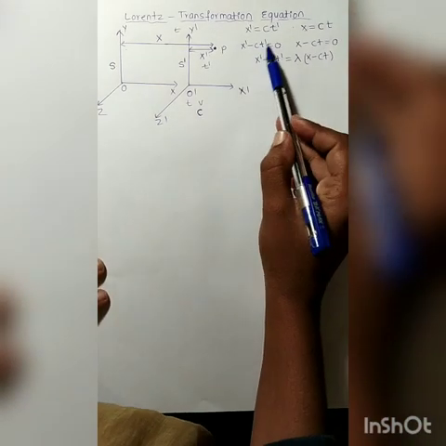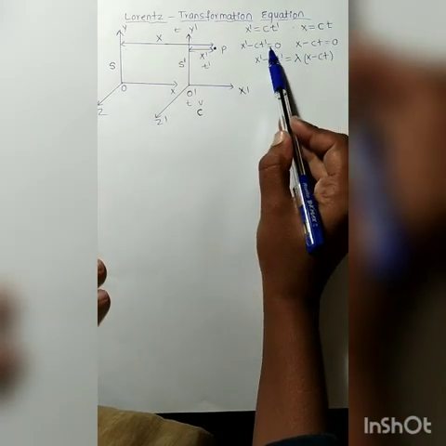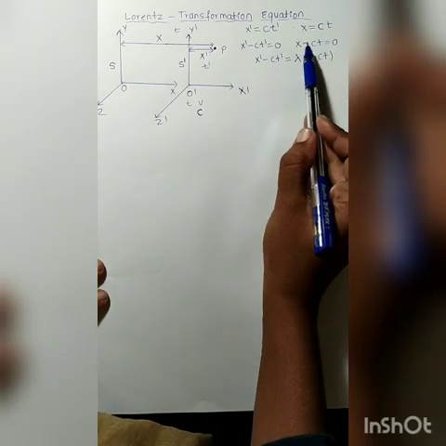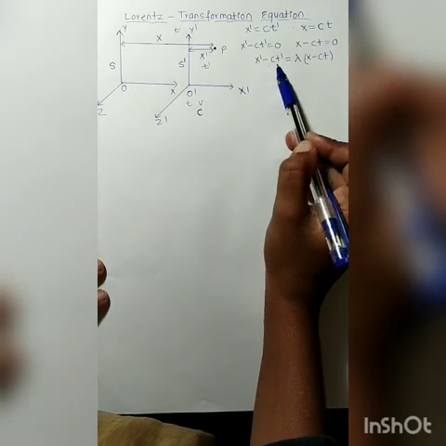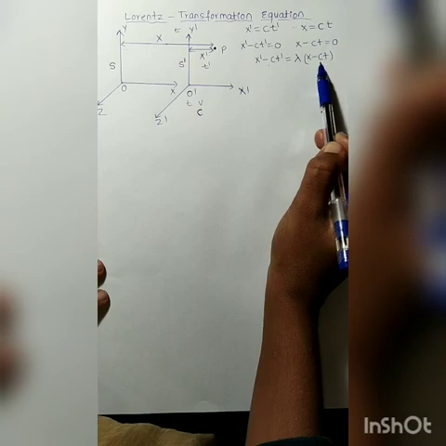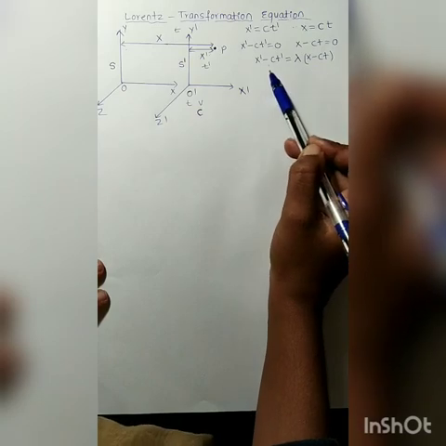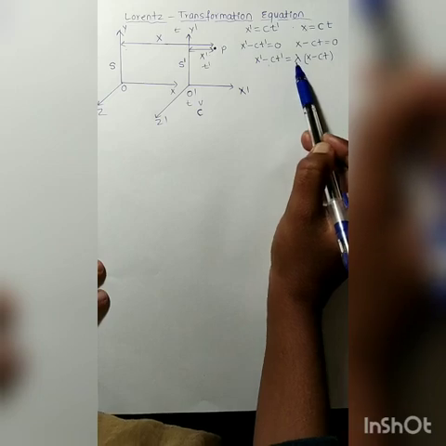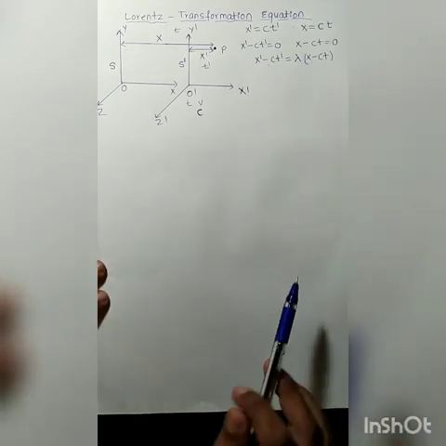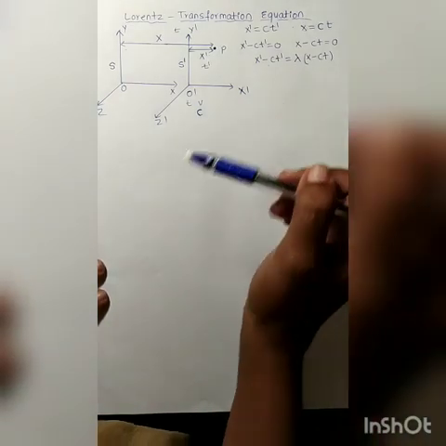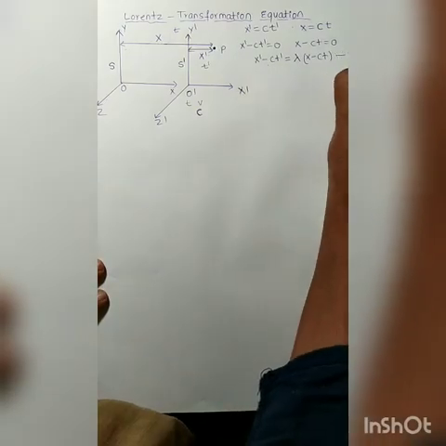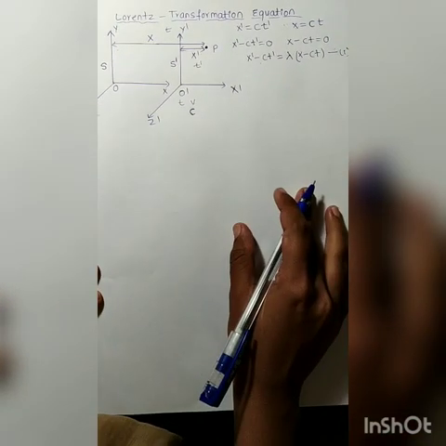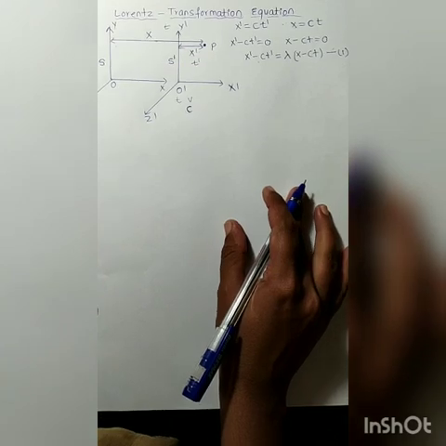So combining both these equations, both are equal to 0. So x dash minus c t dash is equal to lambda into x minus ct. This is the first equation I will write.